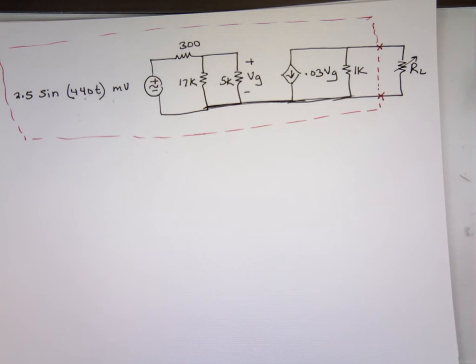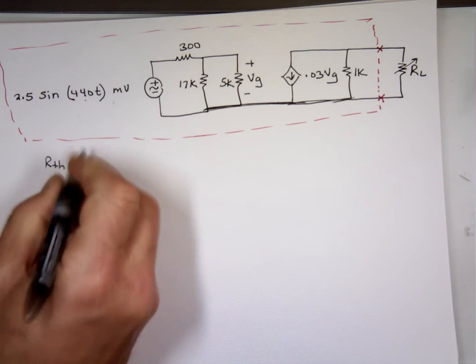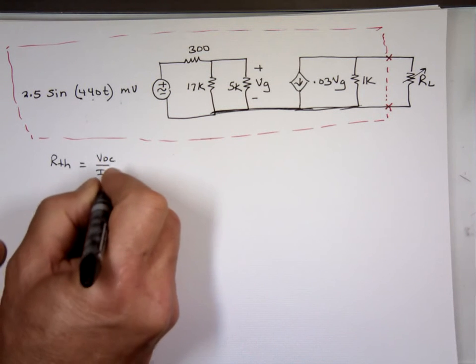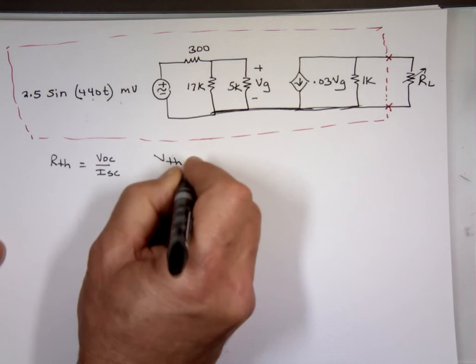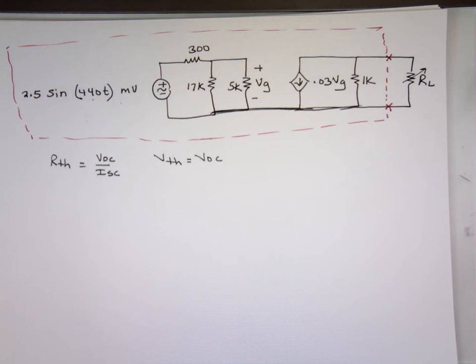So you need V open circuit, you need I short circuit, because R Thevenin is going to be V open circuit over I short circuit. And V Thevenin is equal to V open circuit. So I need both of these before I can move forward with it.